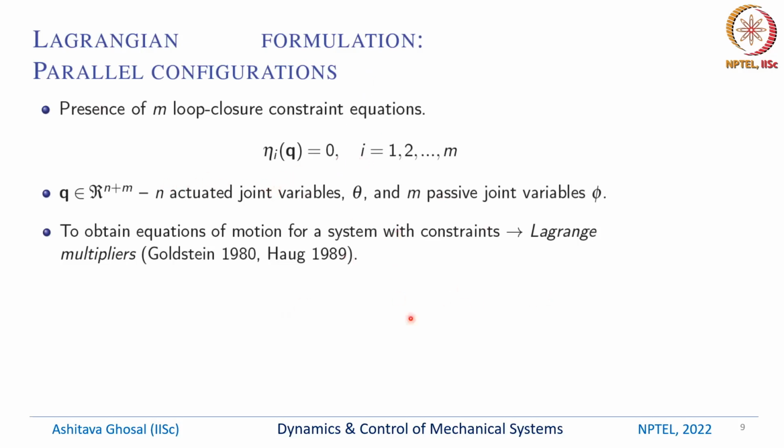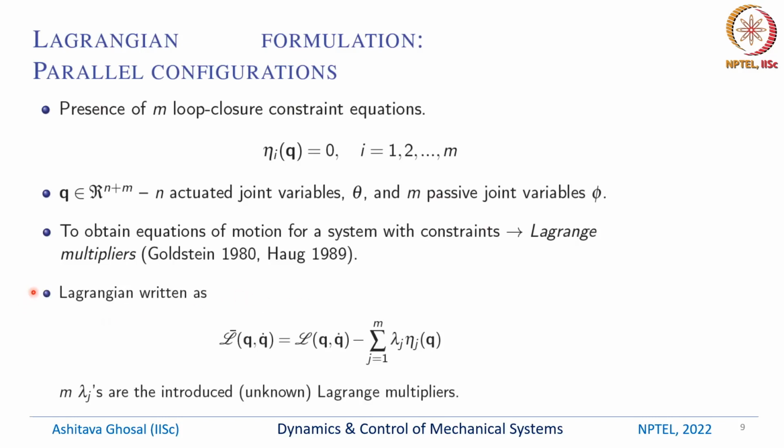So then we can use what is called a Lagrange multiplier. This is a very well known technique. It is available in many textbooks. So for example, in Goldstein, we use this notion of Lagrange multipliers, and then we can derive a new Lagrangian, which is called L bar, and notice this bar on top.